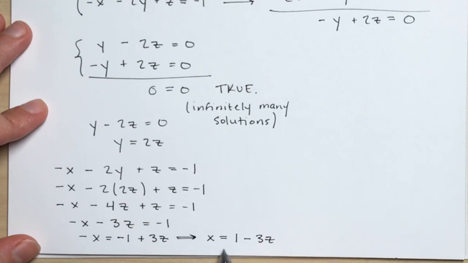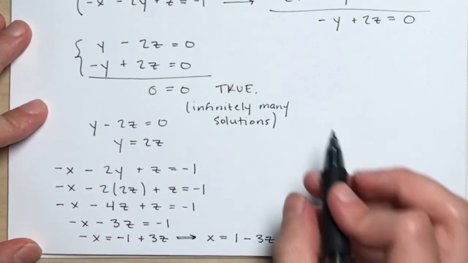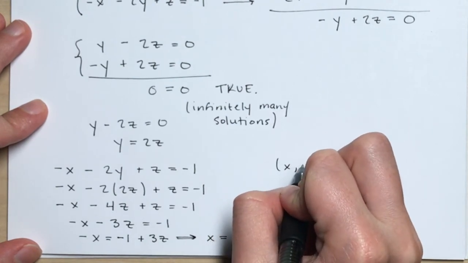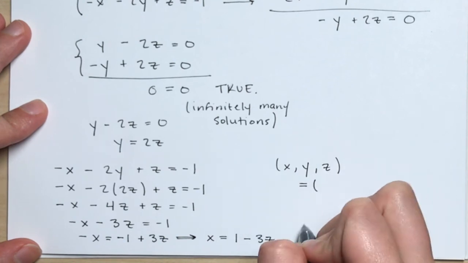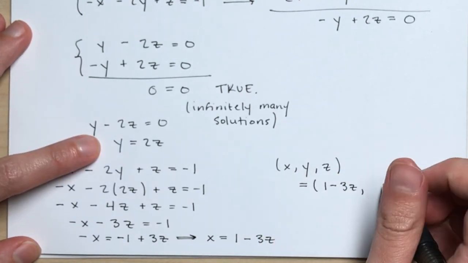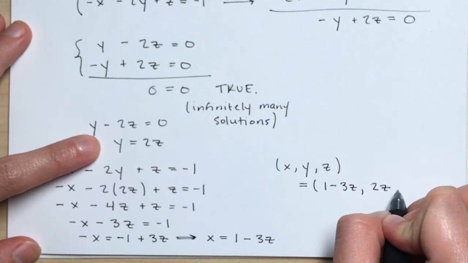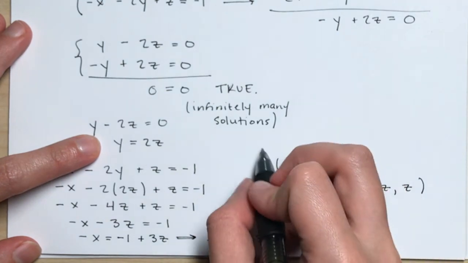So we have x in terms of z, y in terms of z, and then of course z is in terms of z. So our answer is x, y, z equals x in terms of z, so 1 minus 3z, y in terms of z, so 2z, and z in terms of z, which is just z.